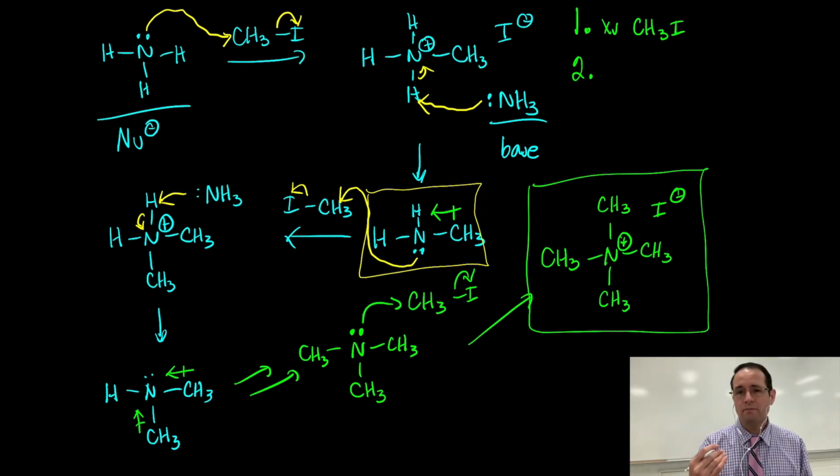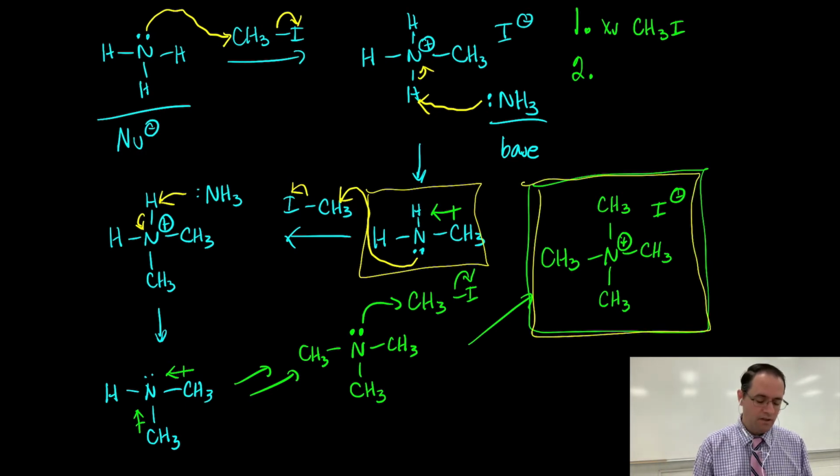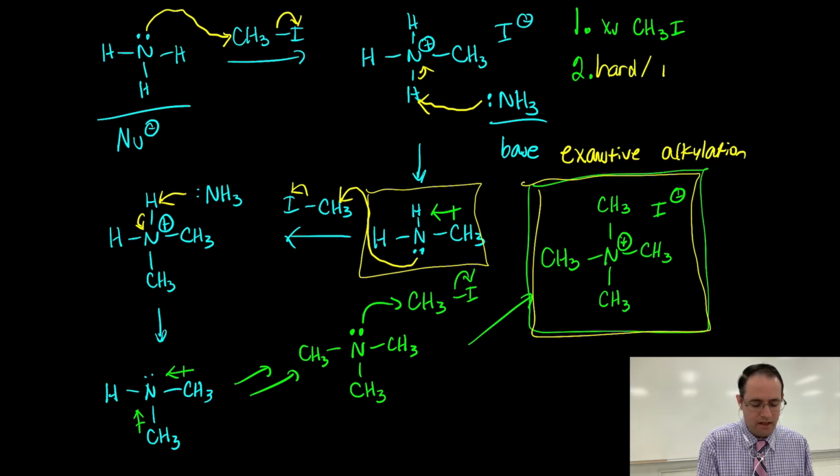So once methylamine is created, that's going to preferentially react with methyl iodide to give you di, tri, and tetrasubstituted products. So really, this is only synthetically useful if you want to do exhaustive alkylation. They call this exhaustive alkylation, and it's hard, next to impossible, to do monoalkylation.